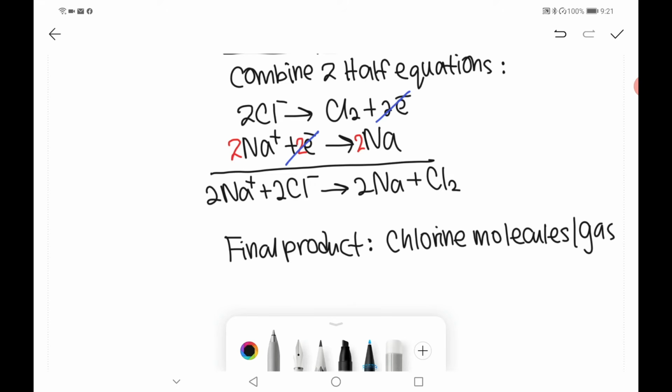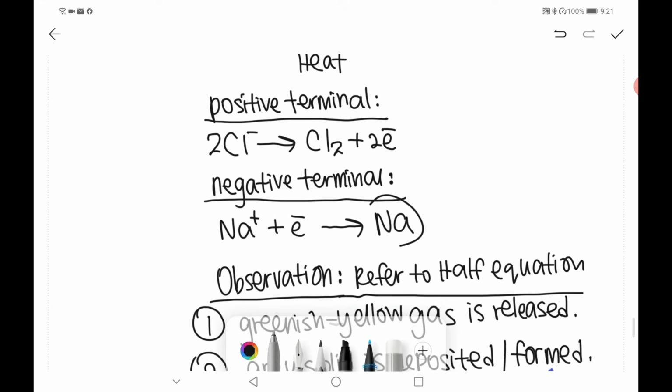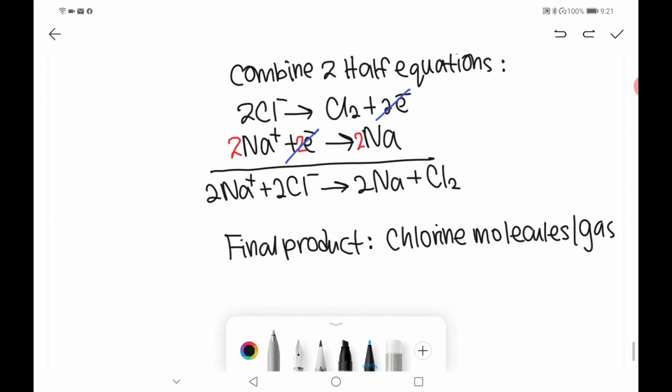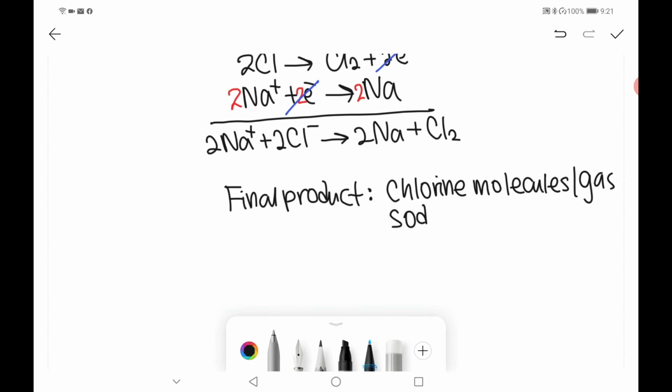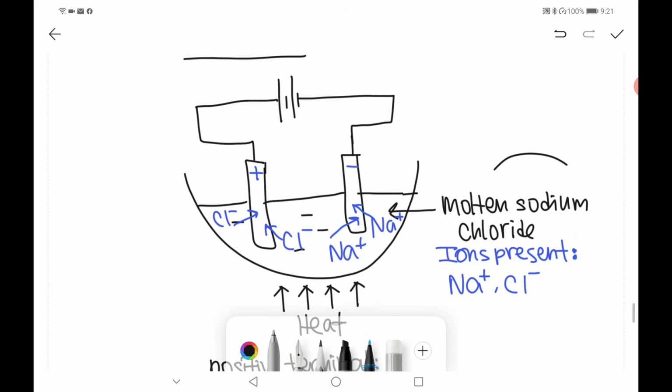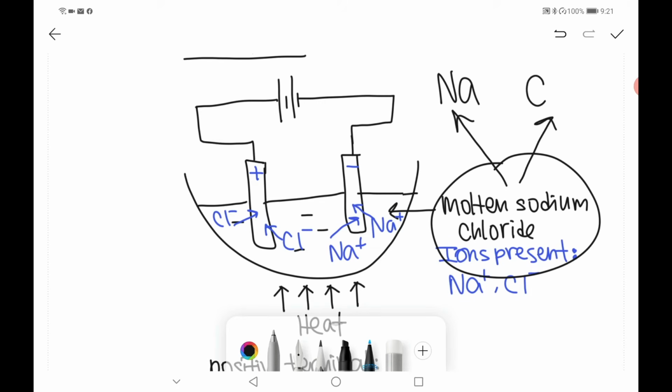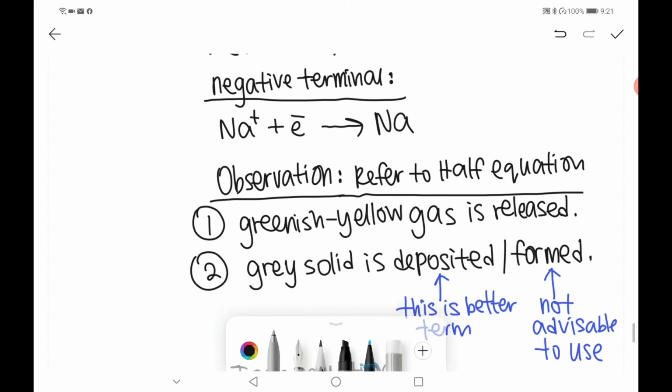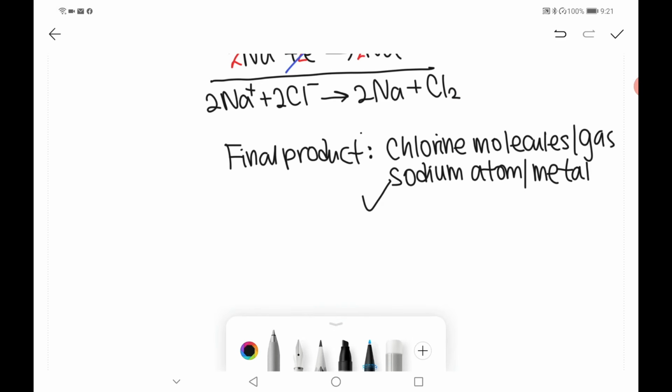The second product that you have is Na, which is sodium. You can call it a sodium atom, or you can call it sodium metal also. Initially you have sodium chloride. Now the sodium chloride splits into sodium and chlorine, which are the two final products.